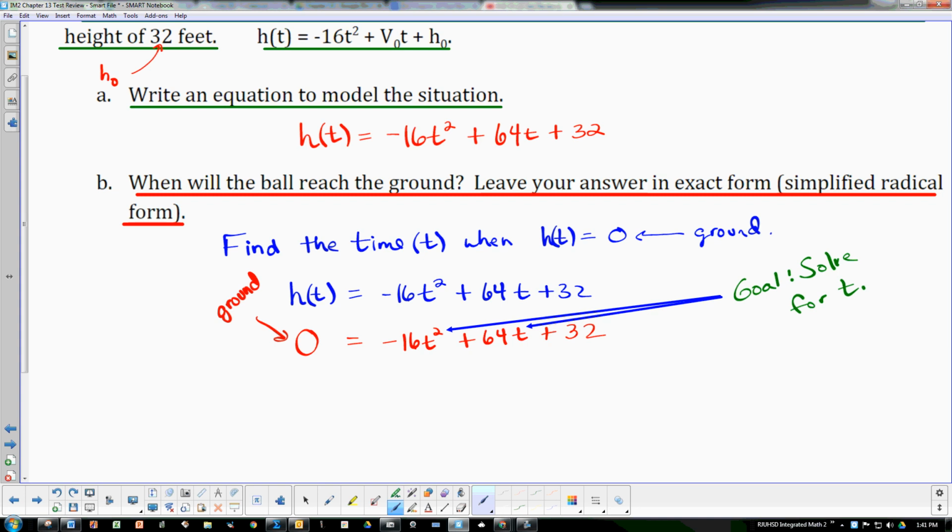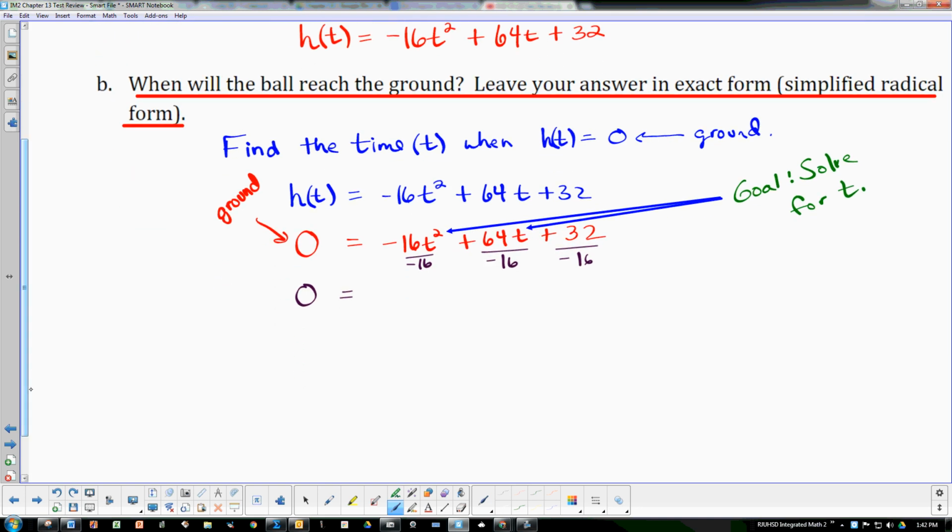Now, I don't know about you, but I can see possibly a GCF to pull out. Let's try to go ahead and do that. All right, so let's go with 0 is equal to, how about you think we can maybe factor out a negative 16? That might work nice. All right, so right here, the negative 16s create a 1.